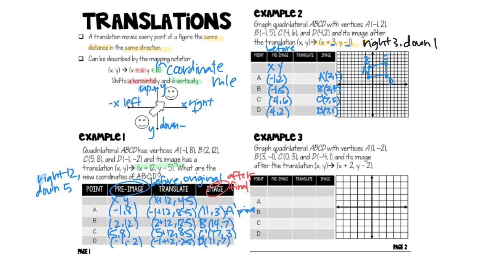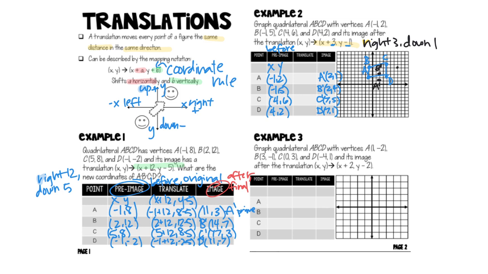So I'm going to go ahead and graph my image points and see, did I have that movement right 3, down 1. So 2, 1, that puts me here. That's point A prime. We do want to label, and yes, it does look like it went right 3, down 1. B is 2, 4, so I'll put it here, B prime. C prime is at 7, 5.